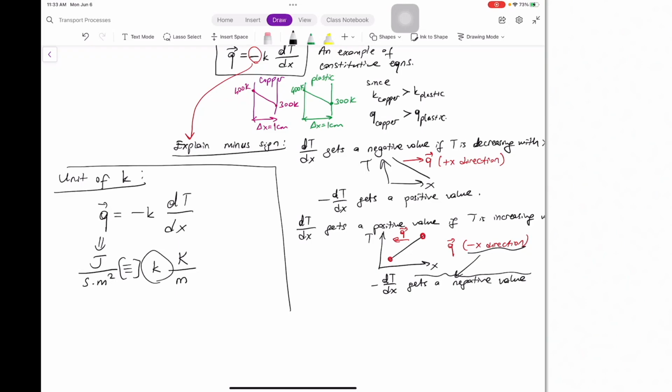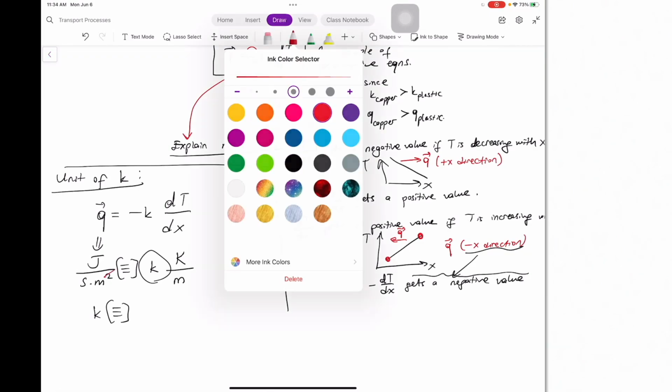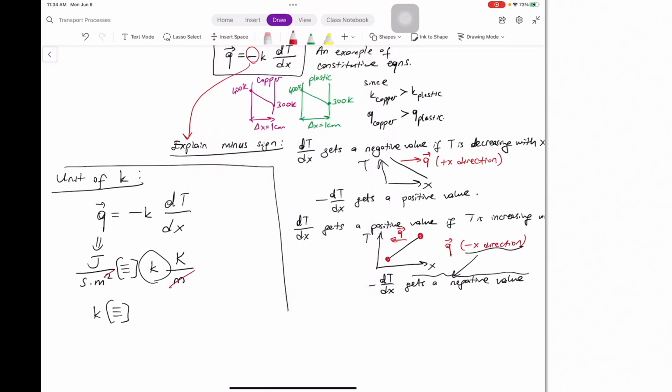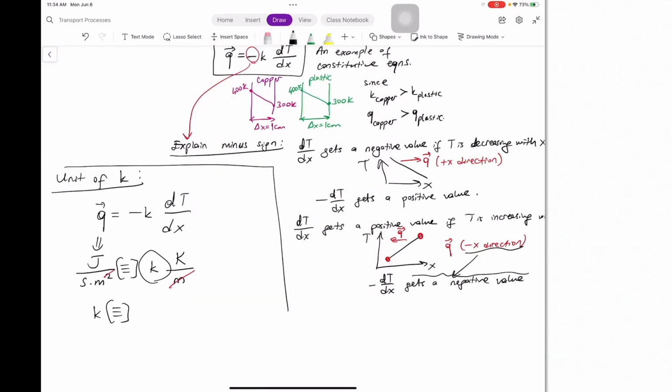So K must have the units of, one of the meters cancels, right? And you get the following: joules per second per meter Kelvin.